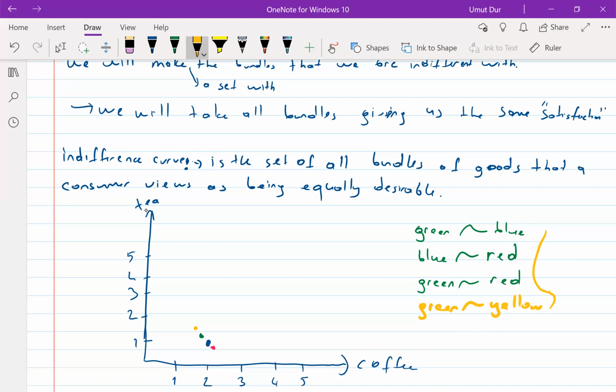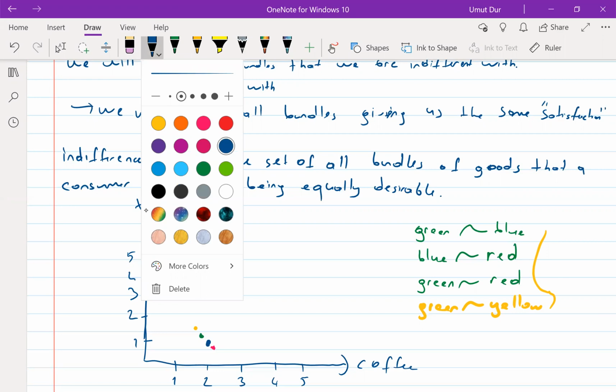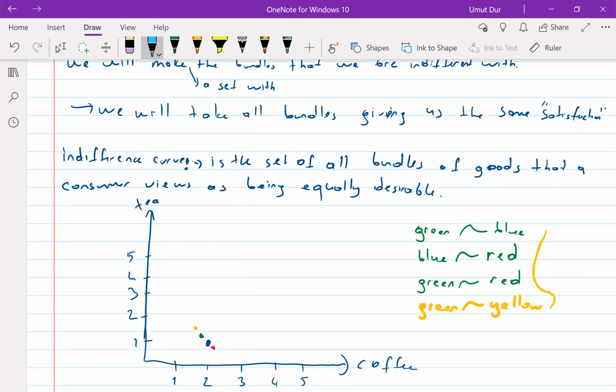I can also relate those relations here. Basically, if I continue like that, I can combine all those dots that I am indifferent with. This gives us the set of bundles that I am indifferent with.